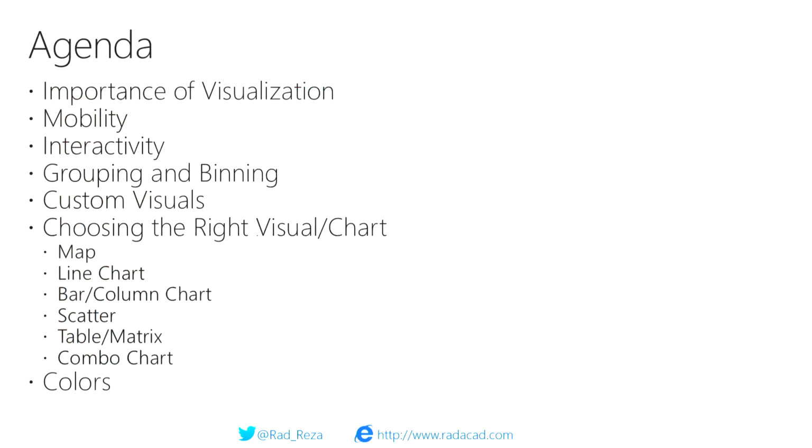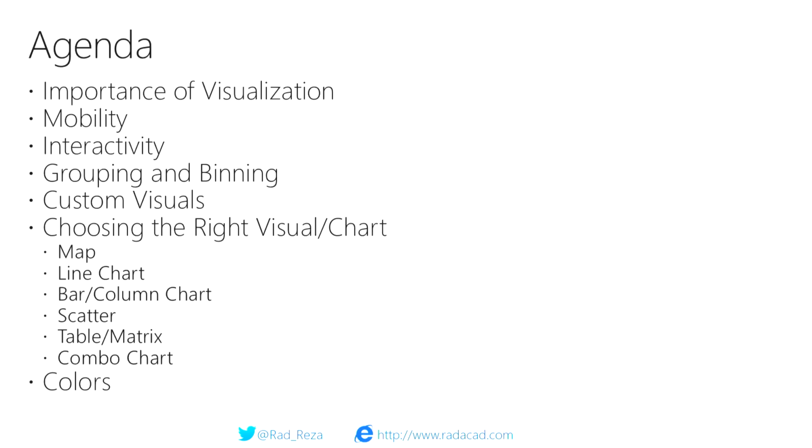Okay, for this session, we are going to cover these things. I'll talk about bringing Power BI into your mobile applications. I'll talk about interactivity in Power BI visualizations, grouping and binning. I'll talk about some custom visuals, not creating those, just using them and enhancing your visualization with those custom visuals. I'll talk about choosing the right visual.